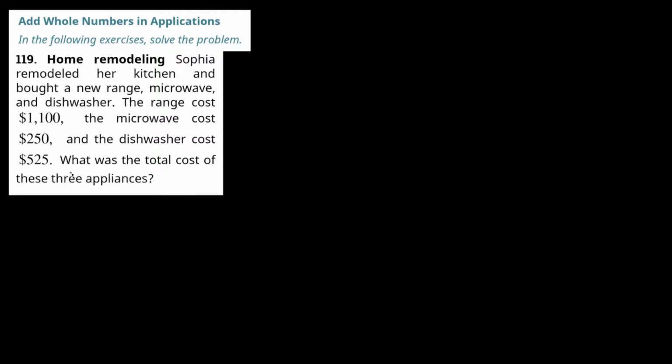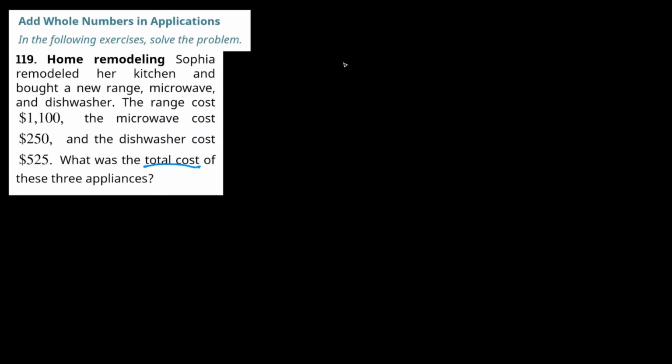So we always want to look at the question in the problem. So they're asking us, what was the total cost of these three appliances? Now, the total cost gives us a clue of what to do. That means to add these numbers together to find the total cost, so the total amount.